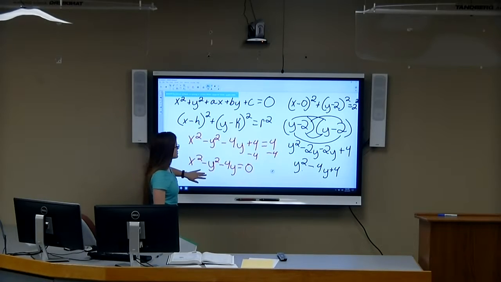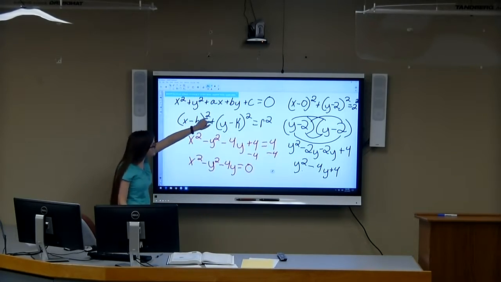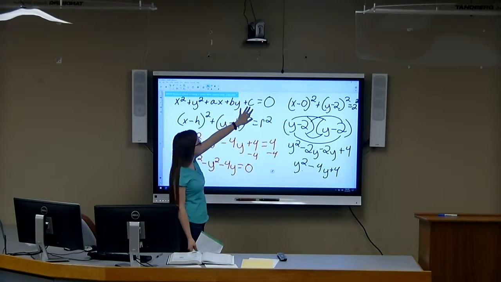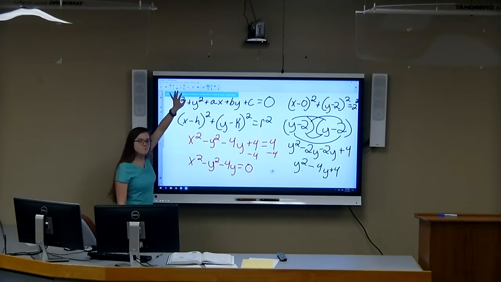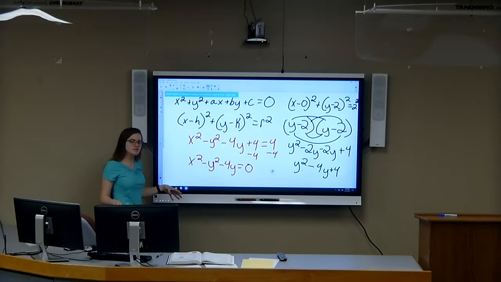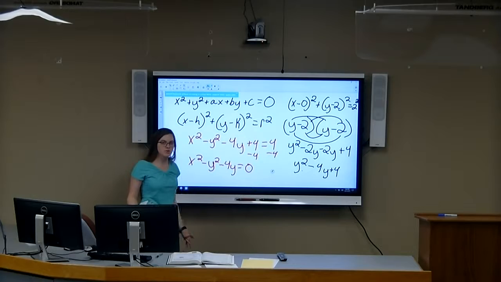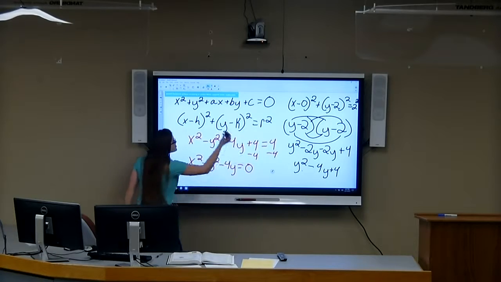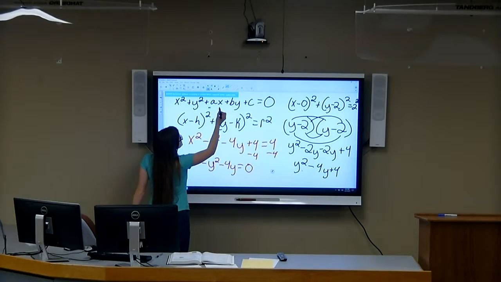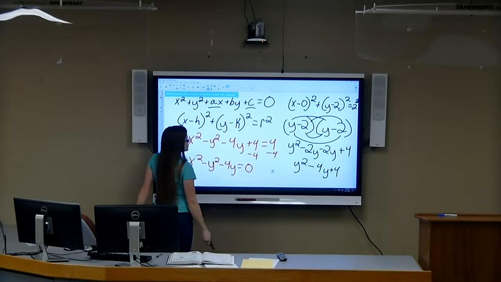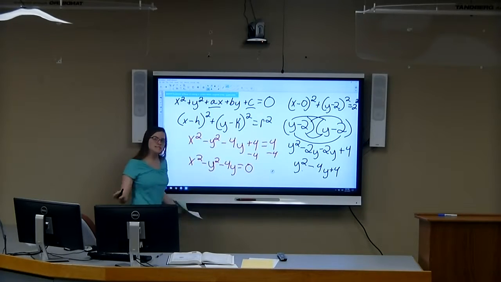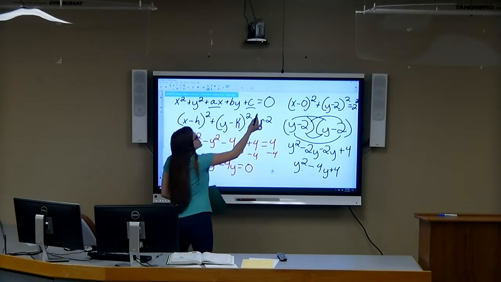So this is your final answer. I know this doesn't look exactly like this because it doesn't have an x, and it doesn't have a c, but you don't have to have those for it to be in general form. Like the zeros cancel each other out, so you can't control that. That's just how it works out. So even though you might think you need this and this, you don't need that, but you always have to have your equation balanced to 0.